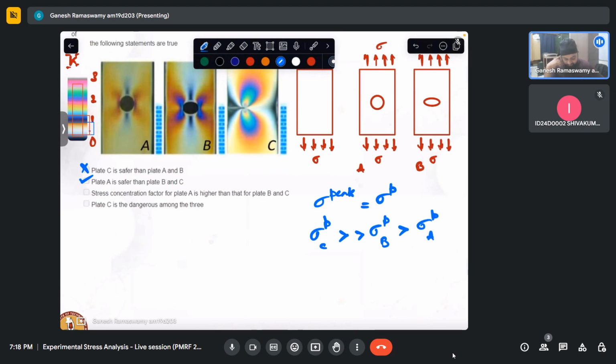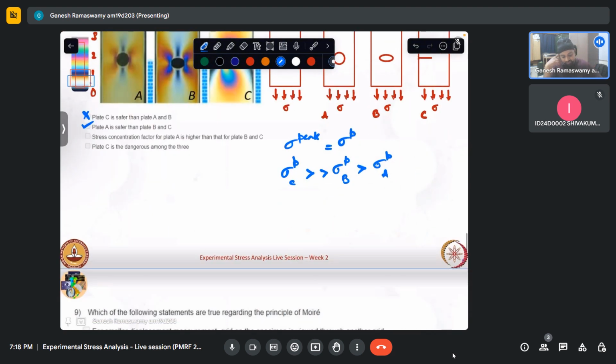Stress concentration factor for plate A is higher than that for B and C. So what is the stress concentration factor? Stress concentration factor is defined by sigma maximum, or as we have put here, sigma peak, divided by sigma.